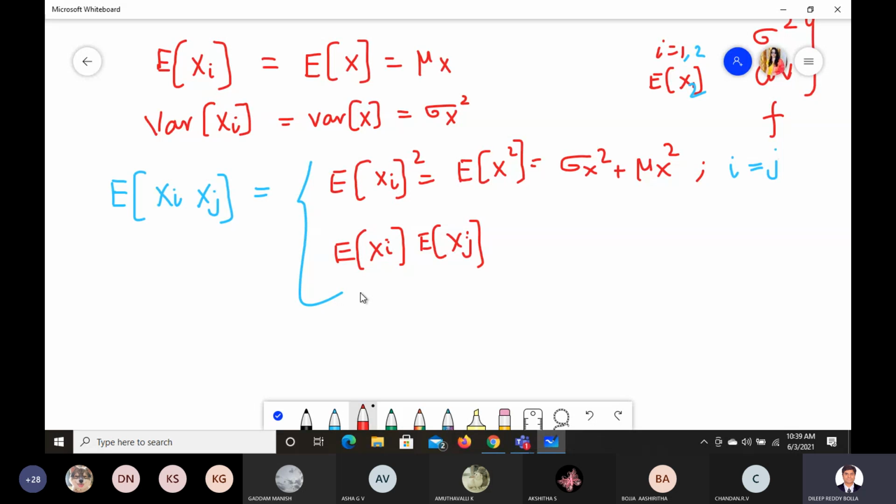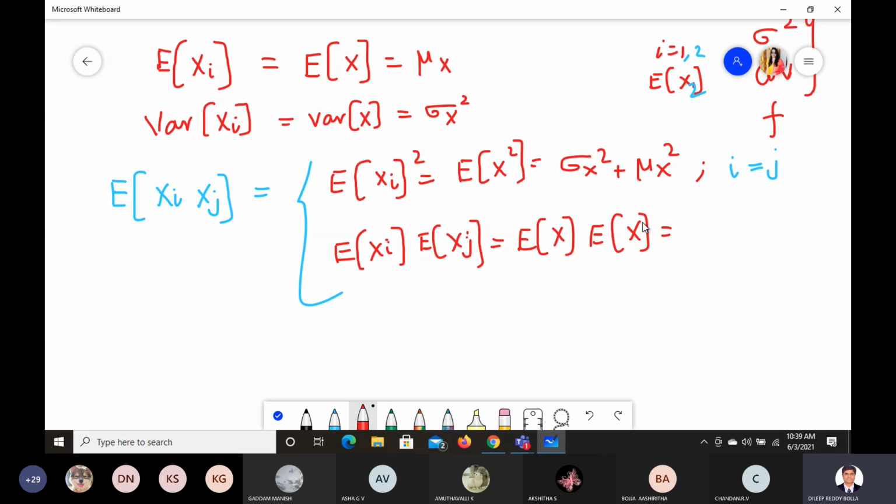Correct? Now we have seen here expectation of xi equals expectation of x. So expectation of xj also equals expectation of x. Yes or no?